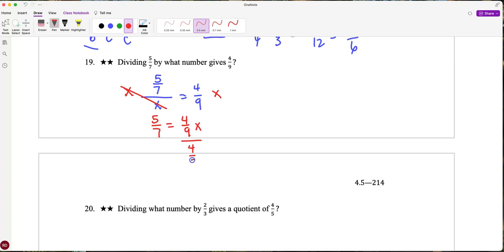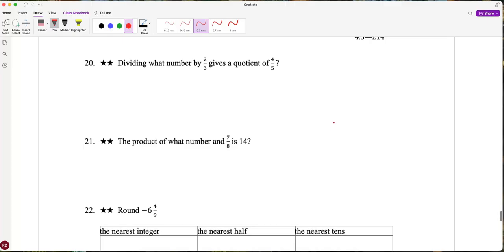Divide both sides by 4/9. So x is 5/7 times 9/4. So 45 over 28.